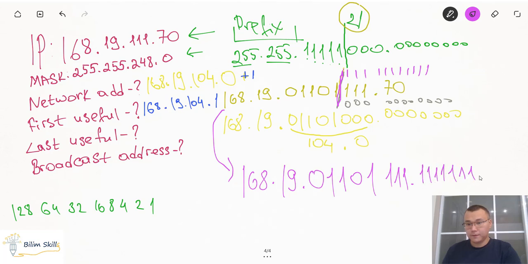By converting it into decimal format, we get 111 and 255. And our broadcast address will be this one.